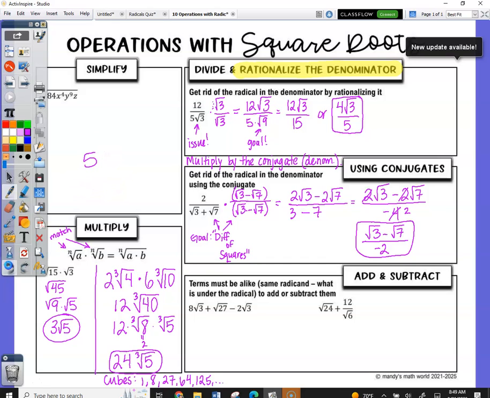Let me give you another example of this. If you had like 12 square root 2 over the square root 6. The square root of 2 has nothing to do with the square root of 6.